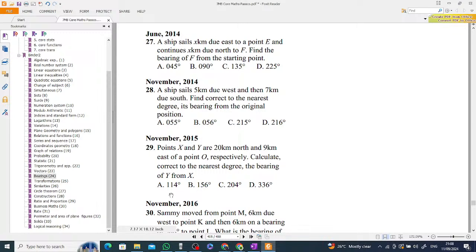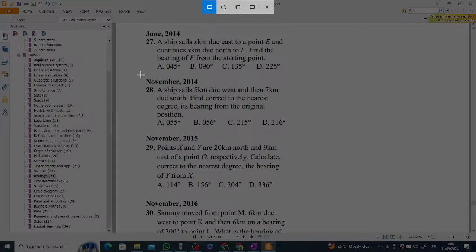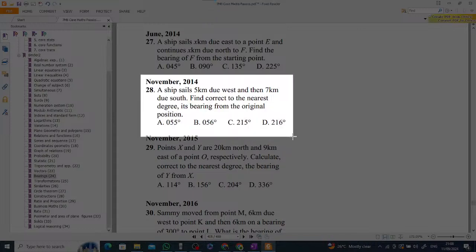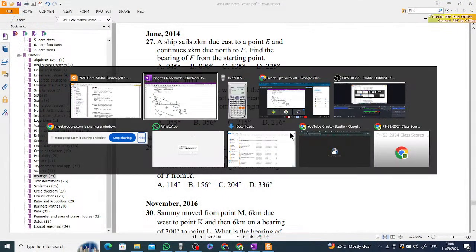A ship sails 5 kilometers due west and then 7 kilometers due south. Find the correct direction of this. So are you getting it now? The bearings, are you getting it now? Yes, sir. Let me bring another question.